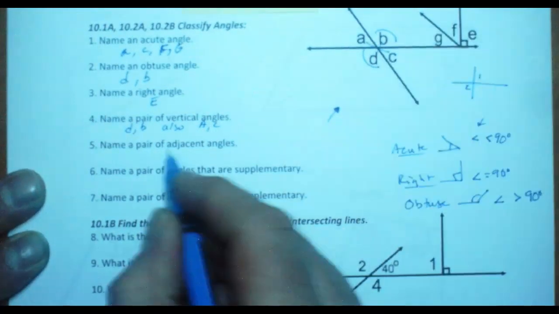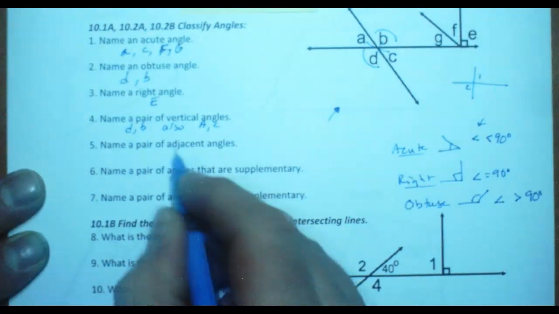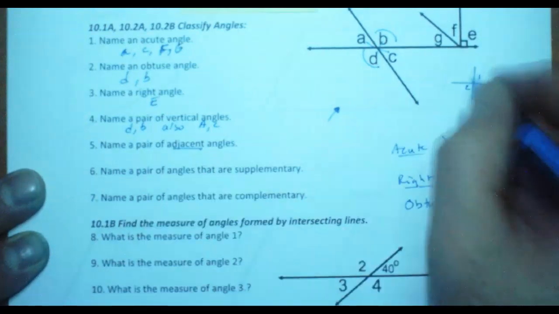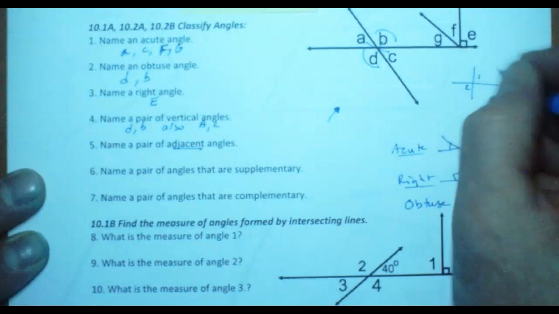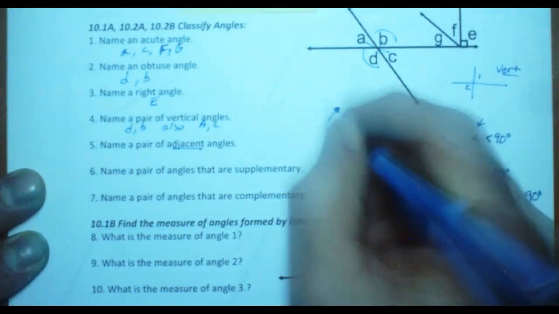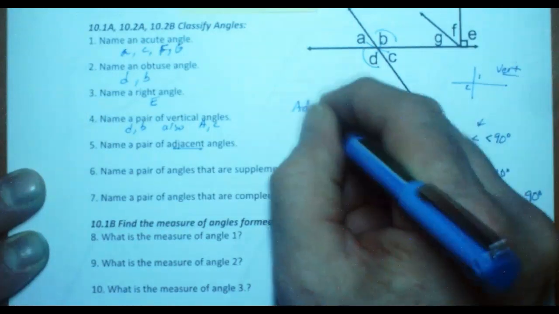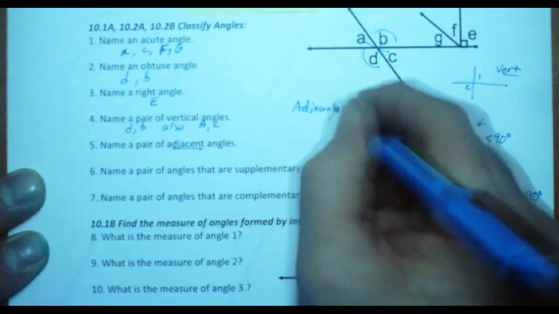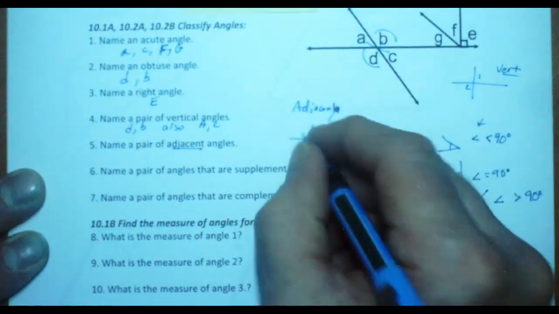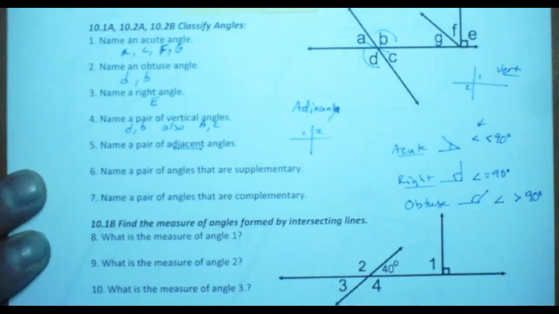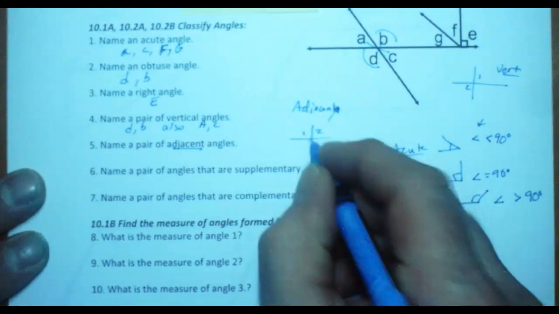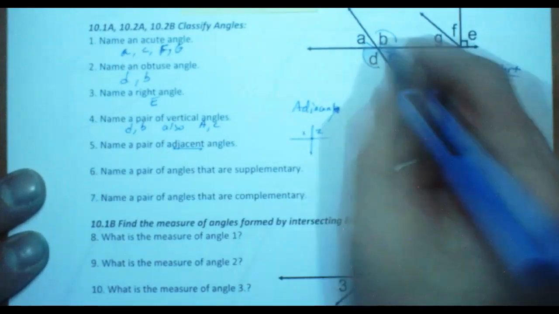Name a pair of adjacent angles. So adjacent, giving you all kinds of vocabulary, are going to be any angles that are like 1 and 2 here. They're next to one another. They share a side and they share a vertex. So, well, A and B are certainly adjacent.